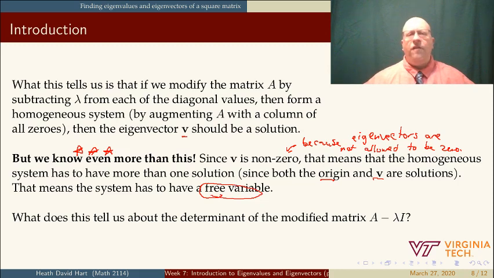What does that tell us about the determinant of this matrix now that we've modified it on the diagonal? That if the matrix has a free column in it, then the determinant has to equal 0. I'll talk about this notation in just a moment.